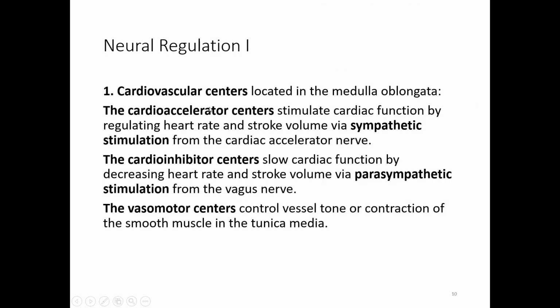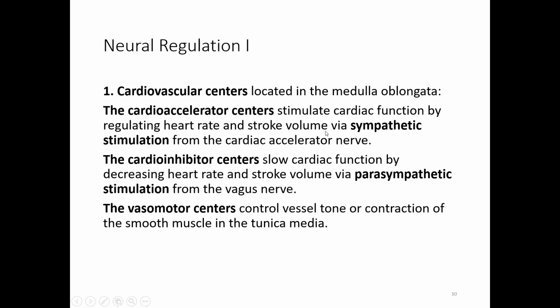Let's start from the neural regulation. We have 2 cardiovascular centers that are located in the medulla oblongata. First of all, the cardio-accelerator centers. What do they do? They stimulate the function of the heart, causing it to beat faster by regulating not only heart rate, but also stroke volume.